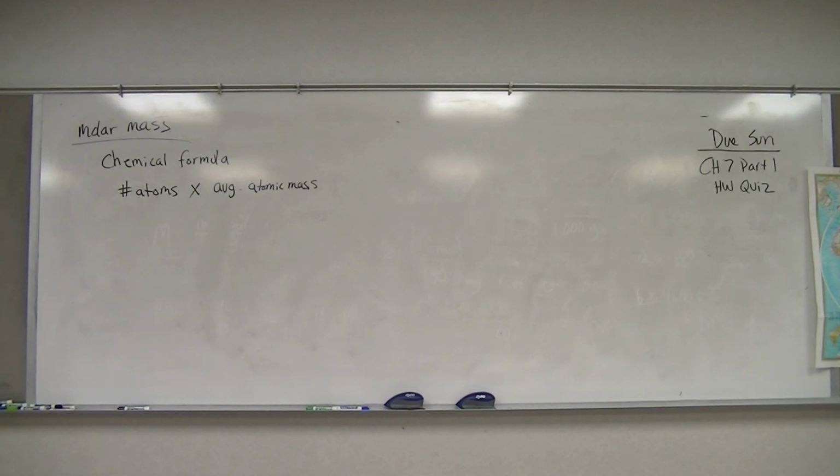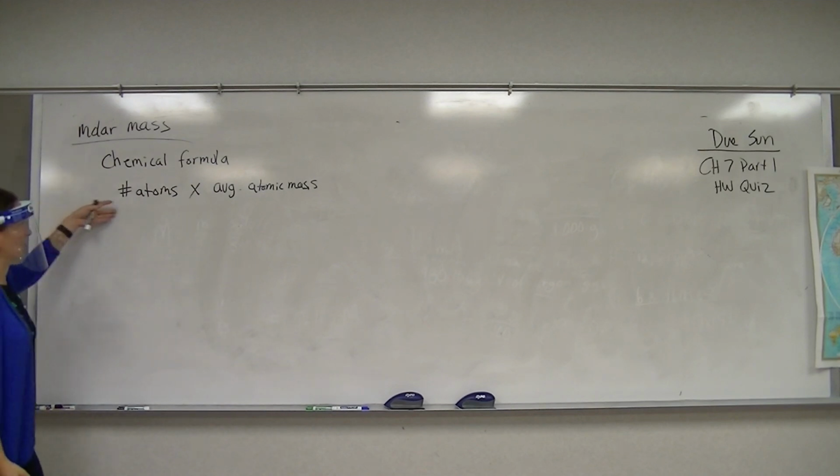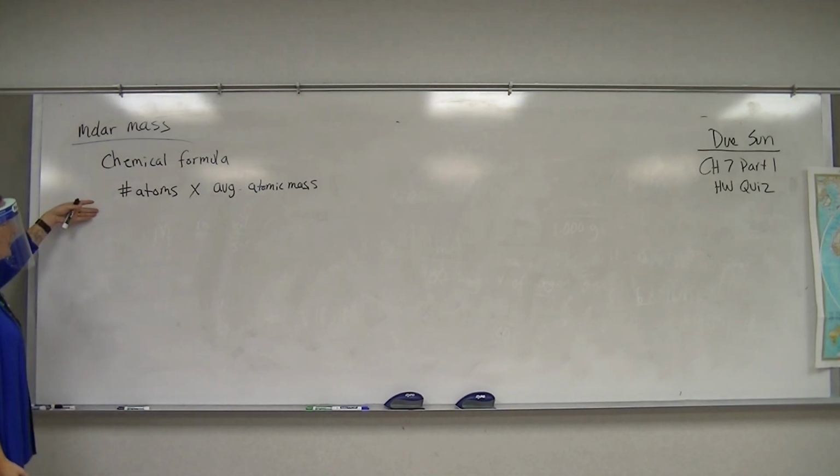It's easiest to explain this concept by just showing an example. If you're asked to calculate the molar mass of something, you'll be given a chemical formula and you're going to apply this equation to it.